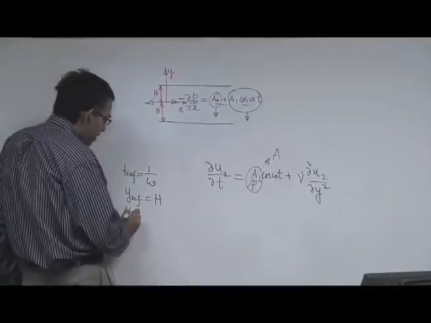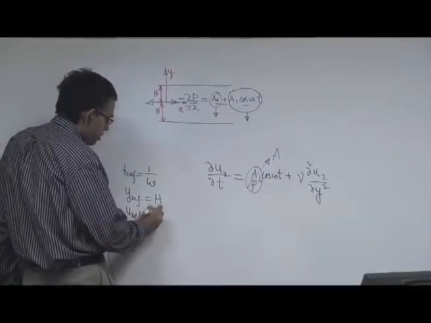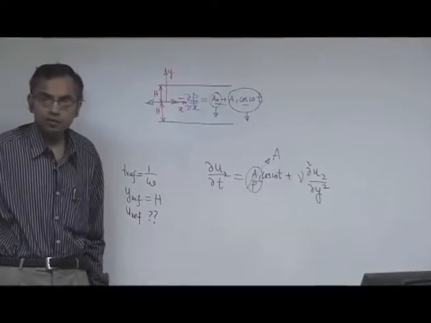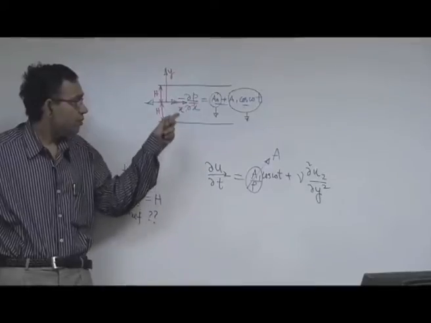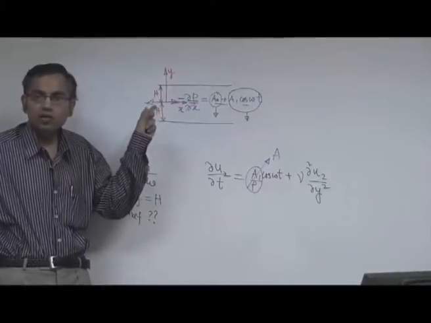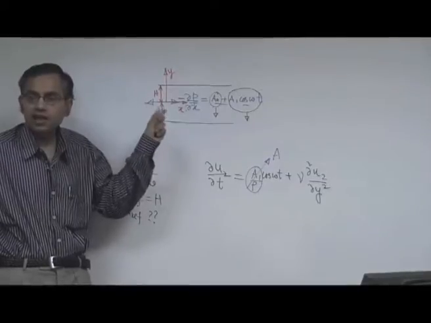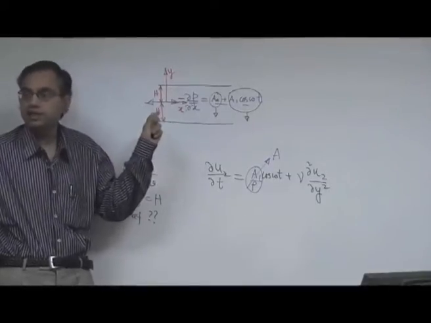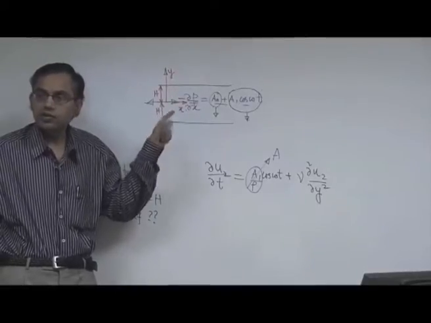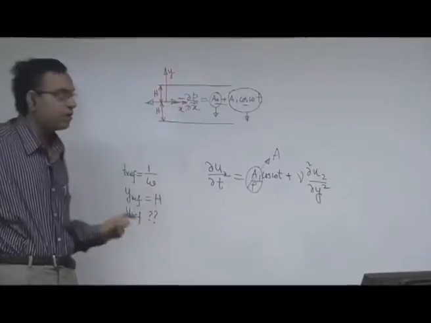What is U reference? You really do not know, because you are forcing the system to oscillate not with a natural velocity scale, but with a natural pressure gradient scale, right. So you have to figure out the corresponding velocity scale.